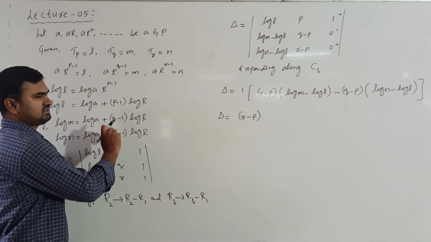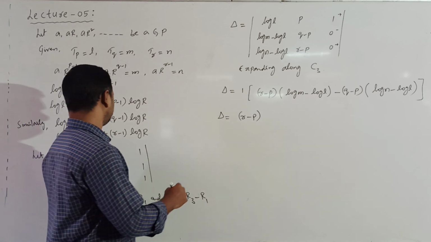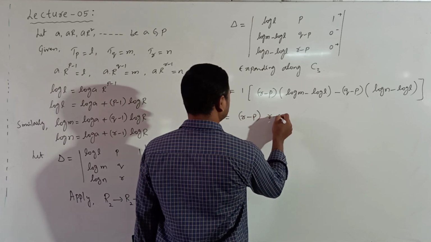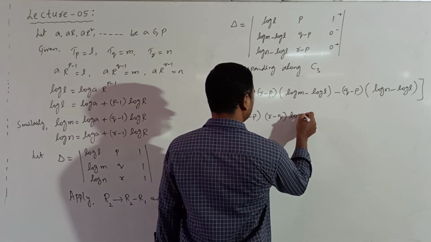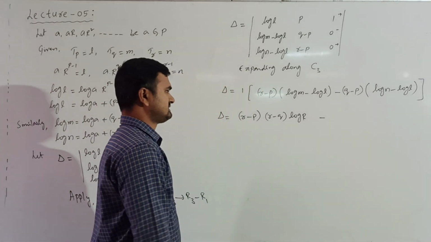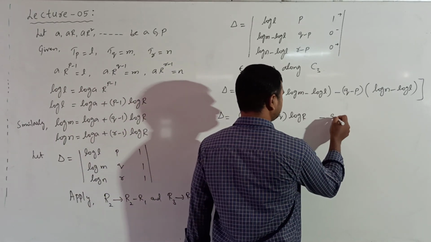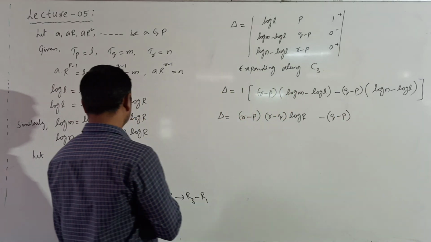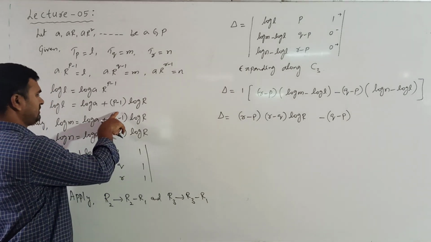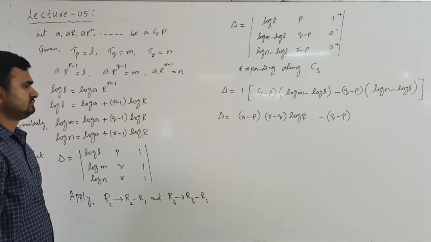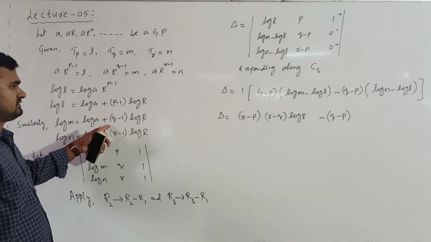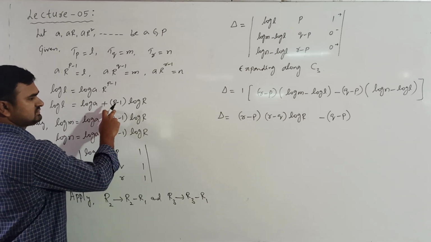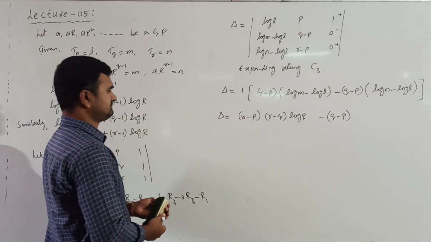Q minus 1 minus of P minus 1, so it is Q minus P into log R. So we get R minus P into Q minus P into log R, minus Q minus P into the second term.